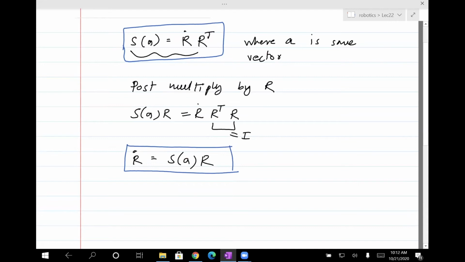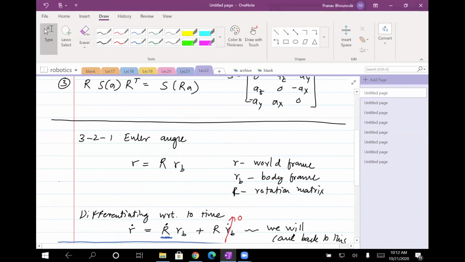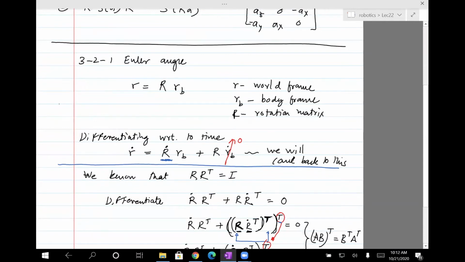So having got an expression for R dot, I'm going to go back to this expression I wrote for the velocity. Let's call this 1.